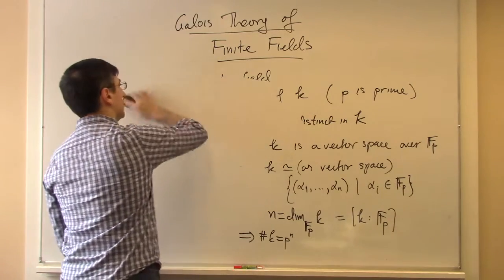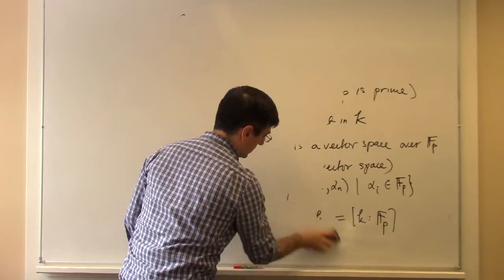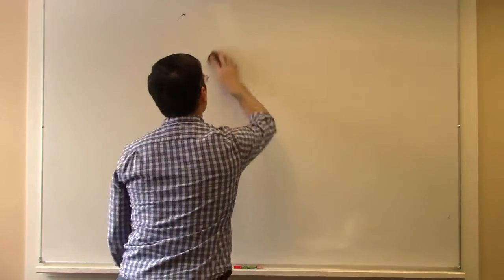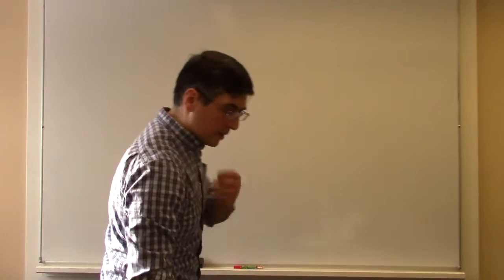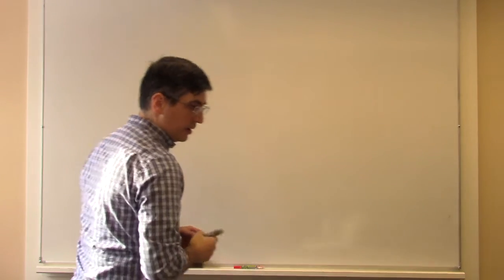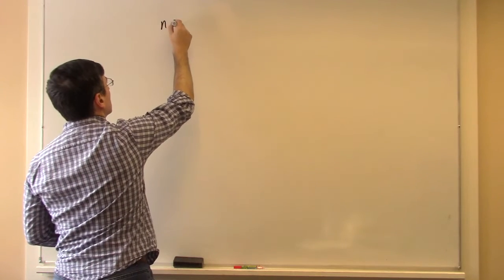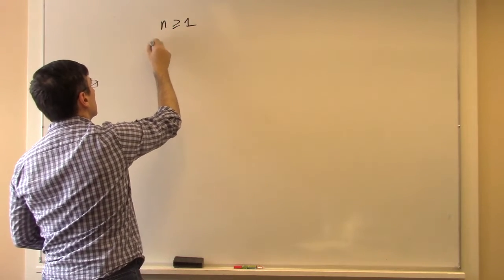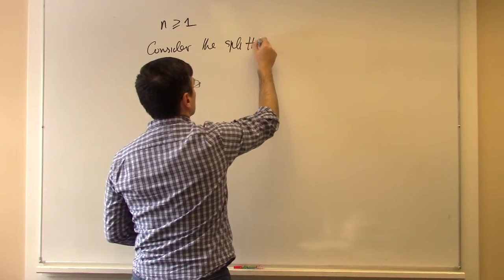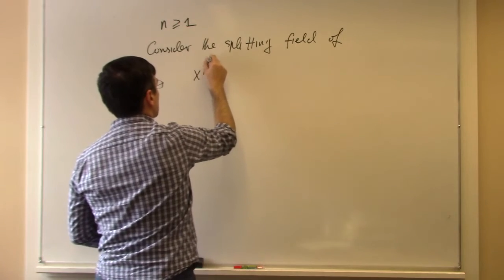Alright, so then conversely, if you want to prove that for any given n there is a finite field of order p^n, then you consider, so now you take n, and this is 1, and consider the splitting field of x^(p^n) minus x.